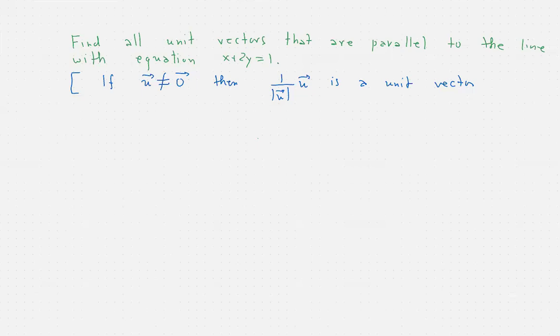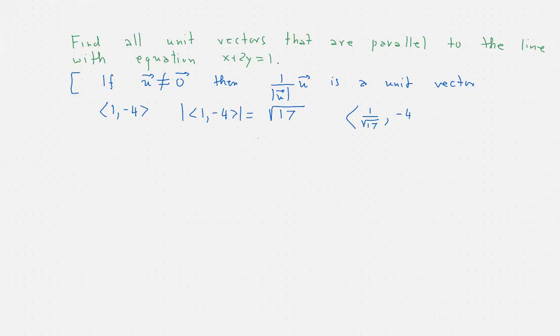Its magnitude is square root of 17. And this means that the vector 1 over square root of 17 and negative 4 over square root of 17 is a unit vector.